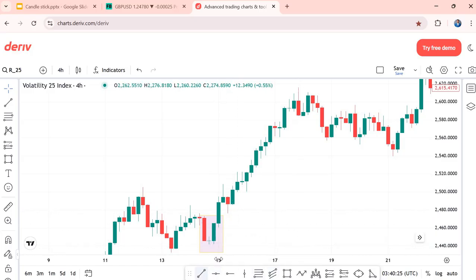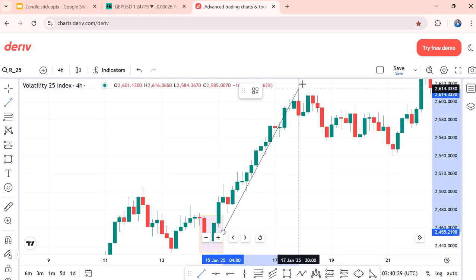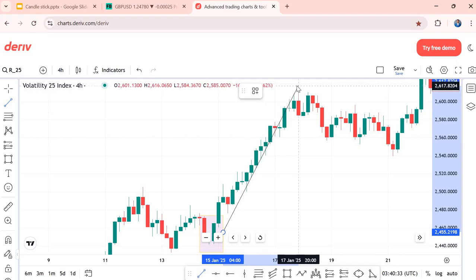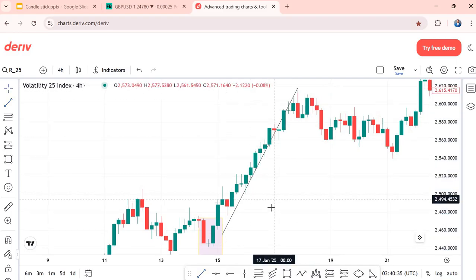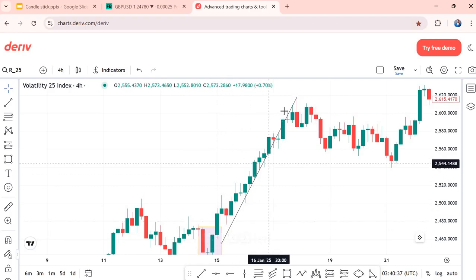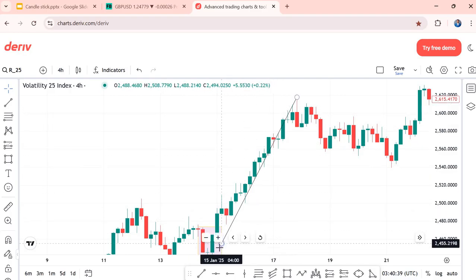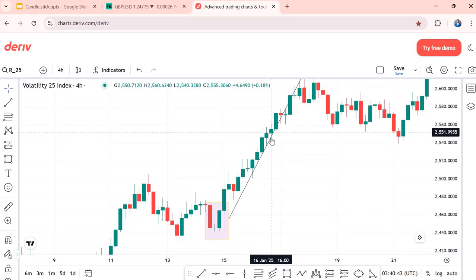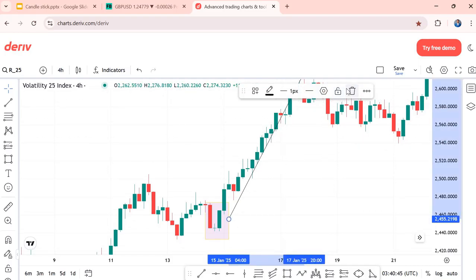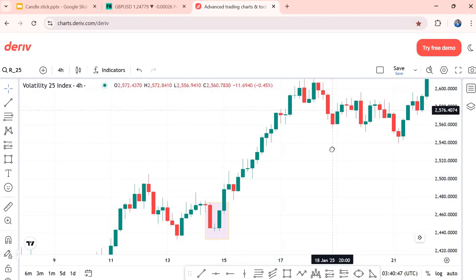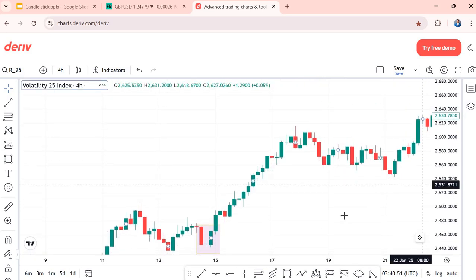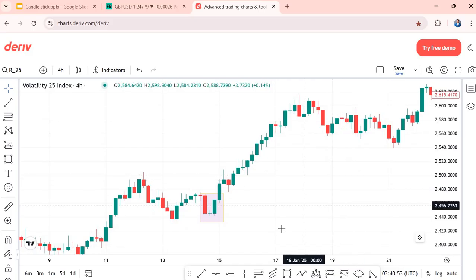Look at how price moved up from this after the formation of this candlestick pattern. Look at how price moved up with a high momentum, straight non-stop, from the bottom all the way up. So as a trader, when you see the formation of this morning star, combining that with other factors of confluence, you should be prepared.